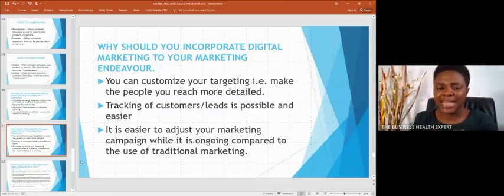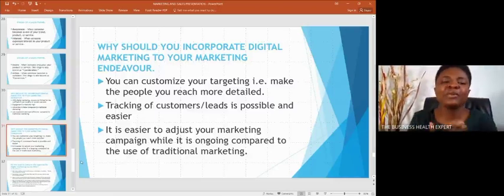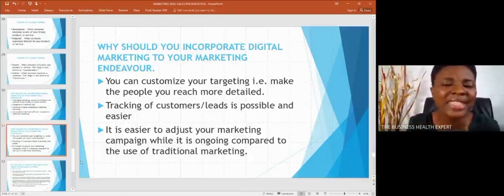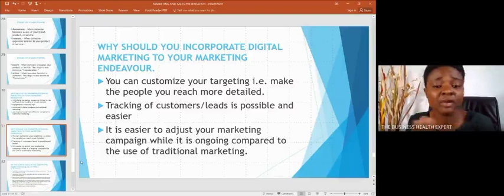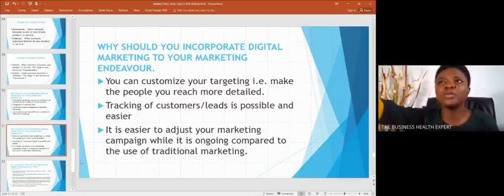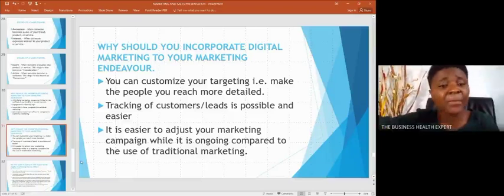But with digital marketing, if those that run bet ads know how to target those people that are most likely going to bet, I will never get to see their ads, right? Because I'm not their customer. But when it comes to billboards and all of those things, I will surely see their promotion, but I will never purchase because I don't bet.